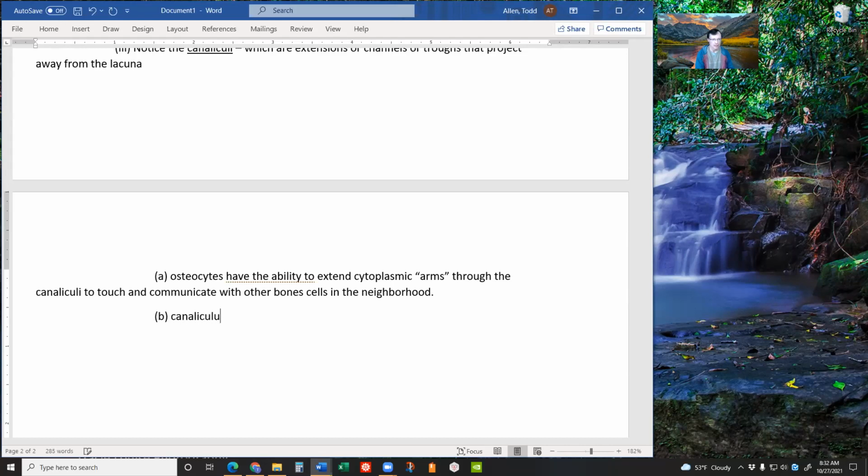The canaliculi are also used to deliver oxygen and nutrients into bone cells and remove metabolic waste products from bone cells.